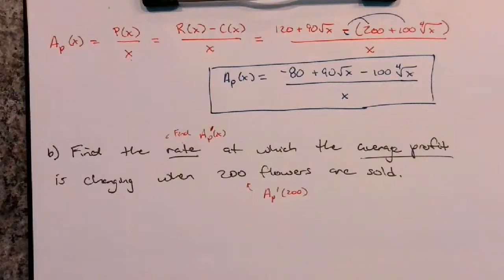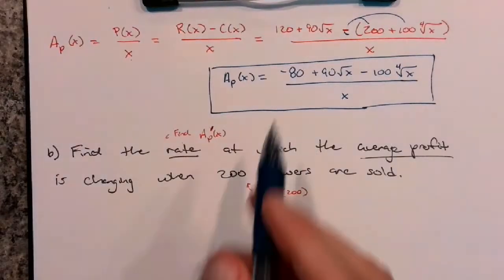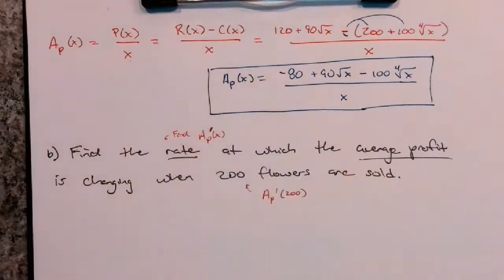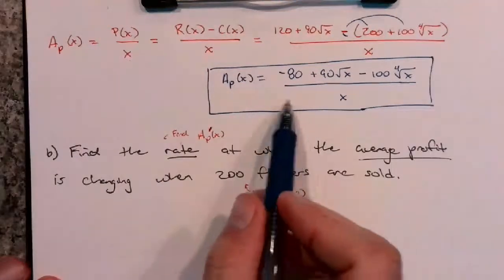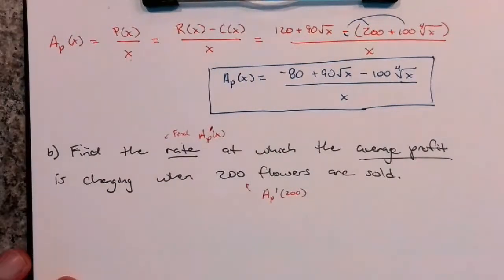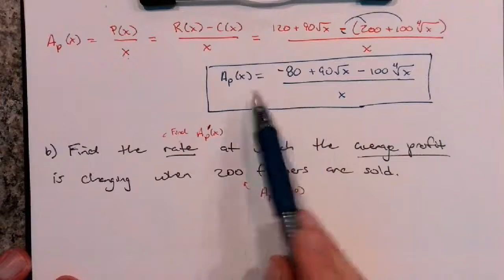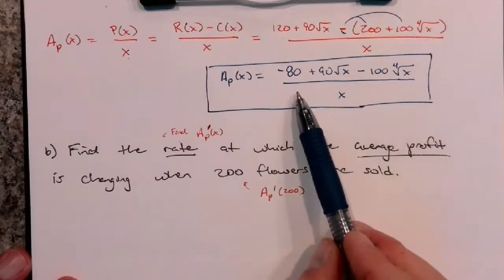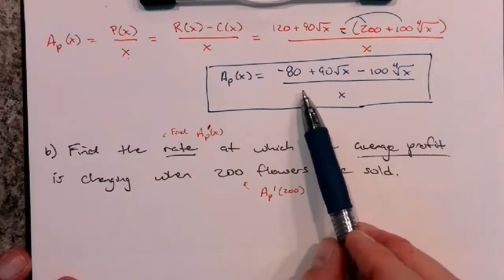So we're going to use this A P of x, the original function, to find the derivative. The first thing I should notice is that it's not really in a nice form to work with. You've got these roots in here.